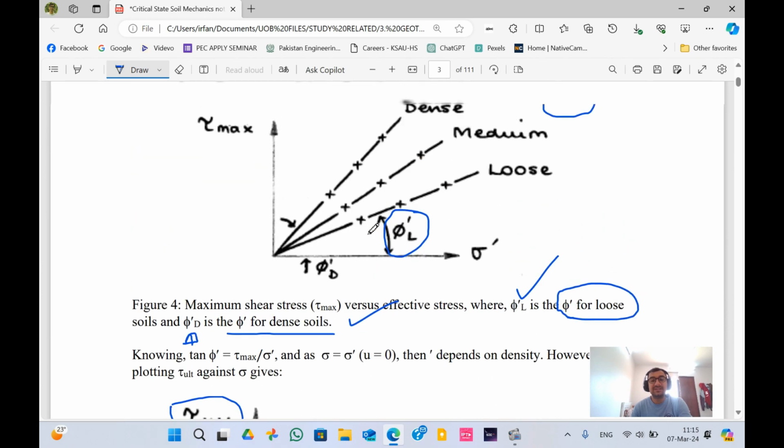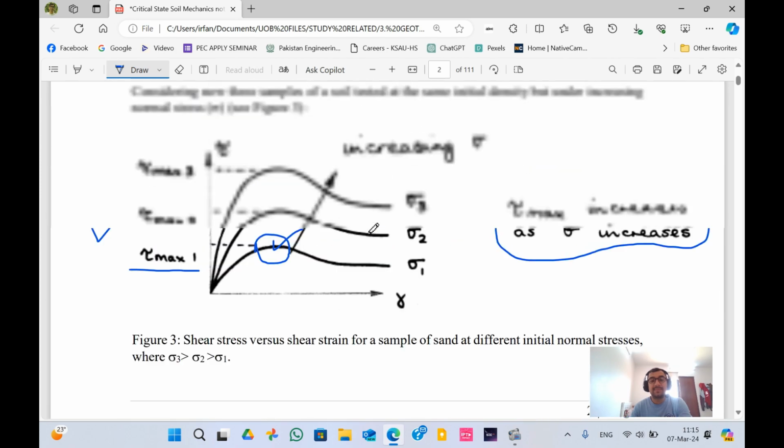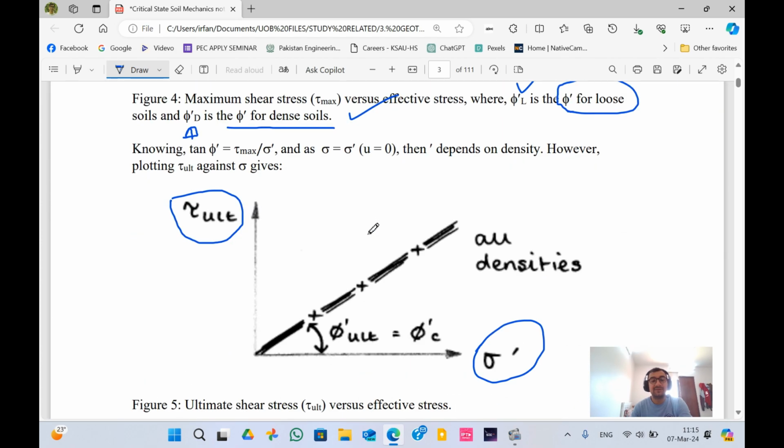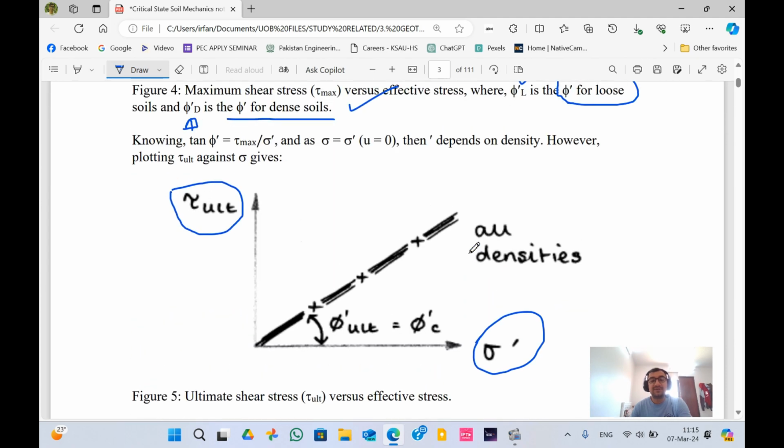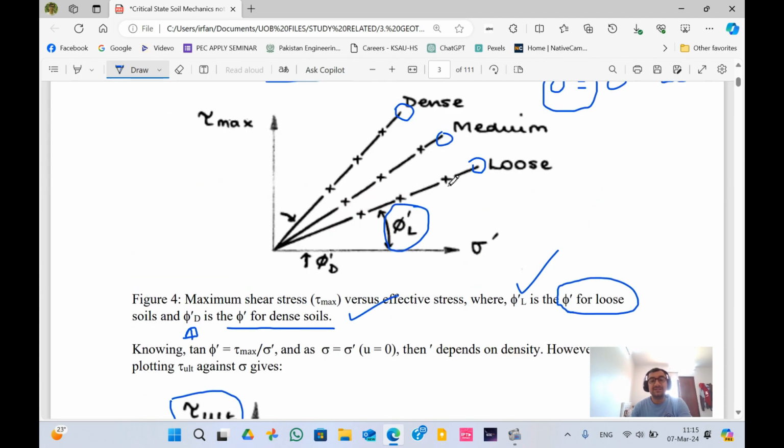Ultimately, every point basically reaches what? The same.